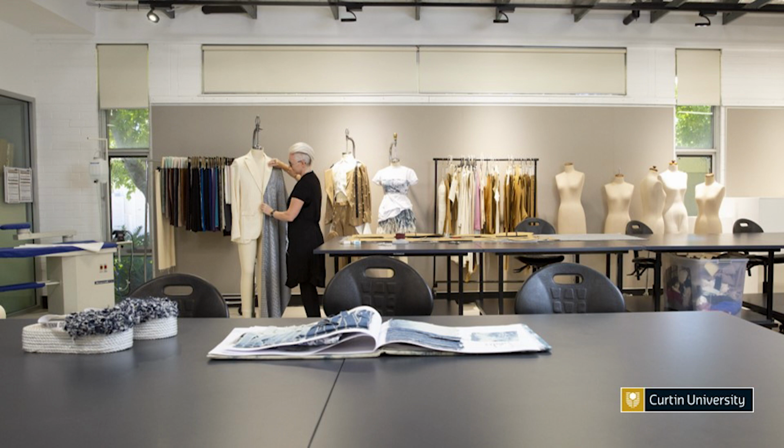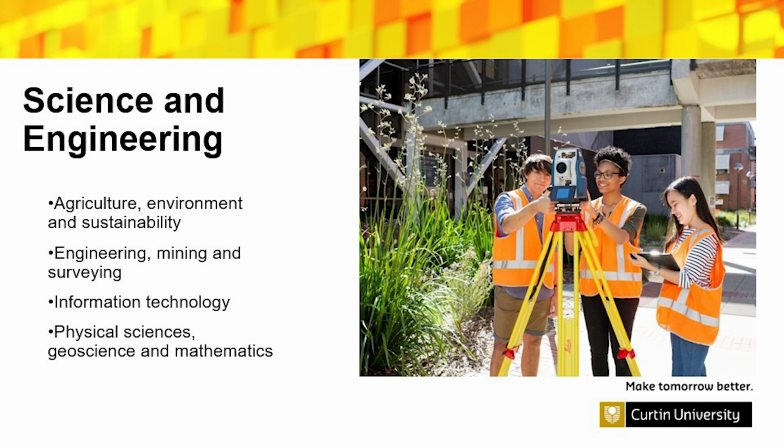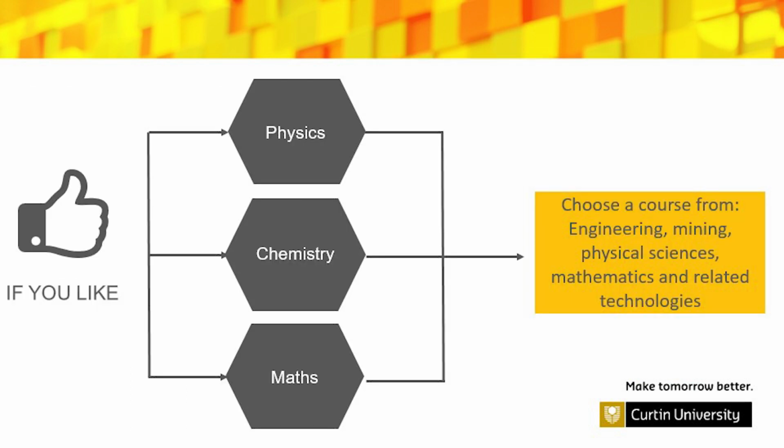Finally, science and engineering. We are incredibly well known for our engineering program here. We have in the study areas: agriculture, environment, engineering, IT, and physical sciences and geoscience. So across the board, if you're interested in physics, chemistry, maths, or anything a little bit more cerebral, you might consider something in this area.